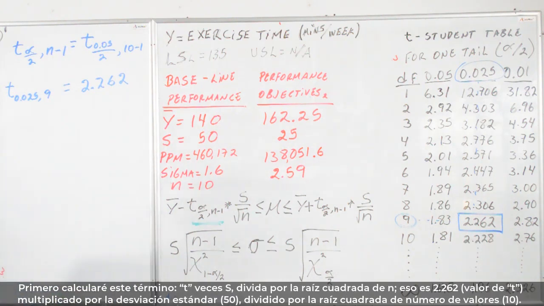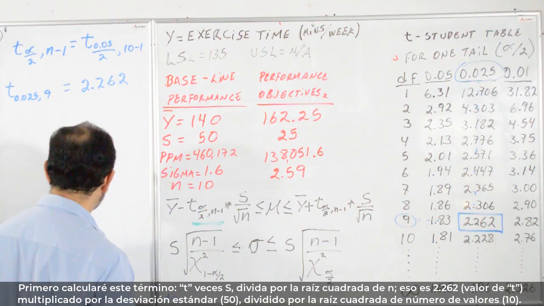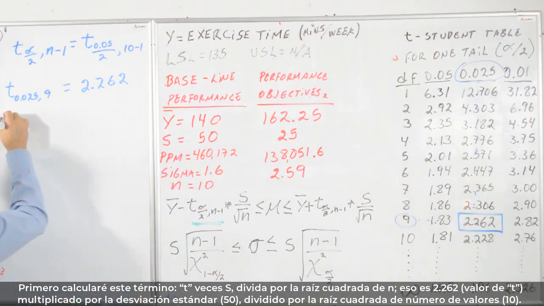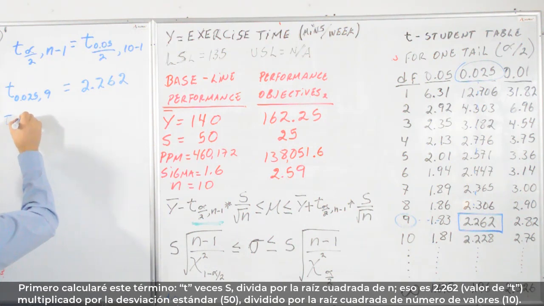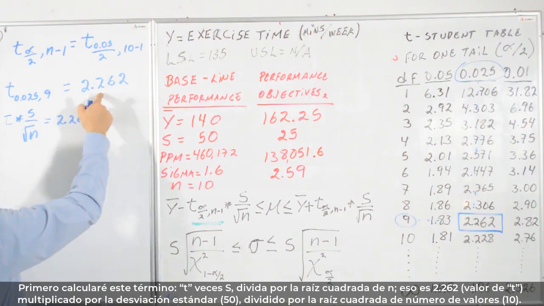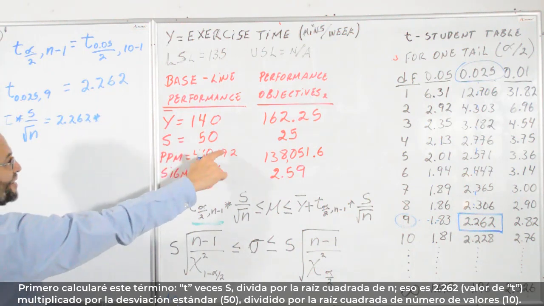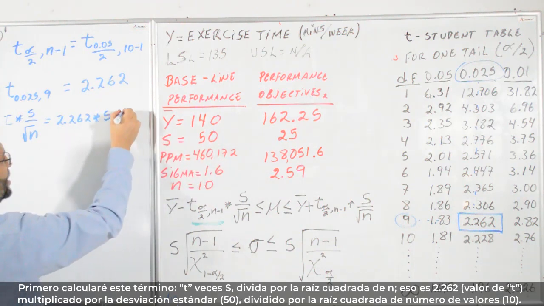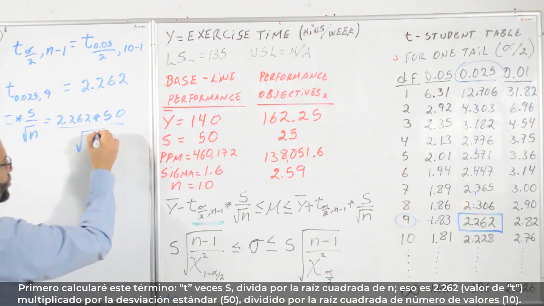Let me just do this first part, which is t times s divided by the square root of n. That is 2.262, value of t, times the standard deviation, which is 50, divided by the square root of number of values.